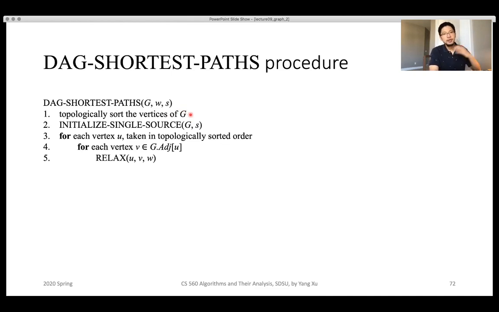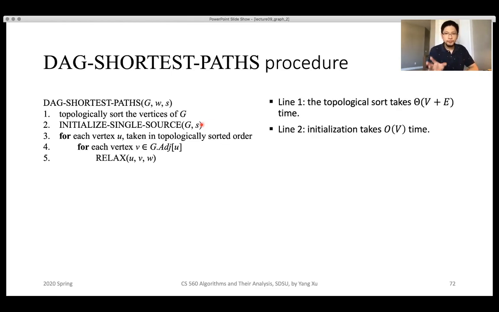Line 2 is the initialize single source procedure, which is necessary for any shortest path algorithm, because we need to initialize the d attributes to infinity. In this procedure, we initialize all the d attributes to infinity and the pi to none for all the vertices, and for the source, the d attribute is 0.